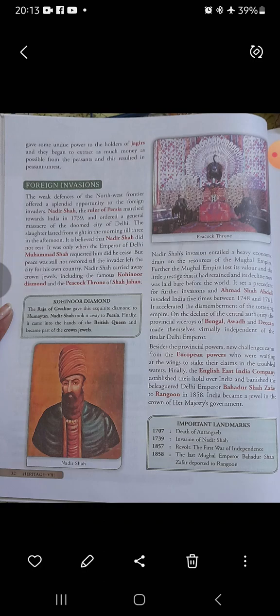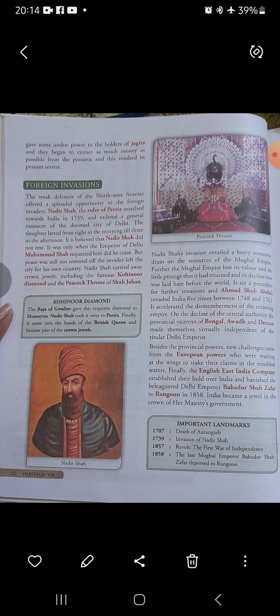During his rule, he ordered a massacre of the doomed city of Delhi. Nadir Shah carried away the crown jewels, including the famous Kohinoor diamond and the Peacock Throne of Shah Jahan, and it entailed a heavy economic drain on the resources of the Mughal Empire. So it set a precedent for further invasions.